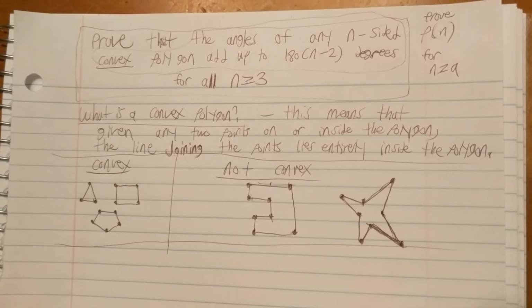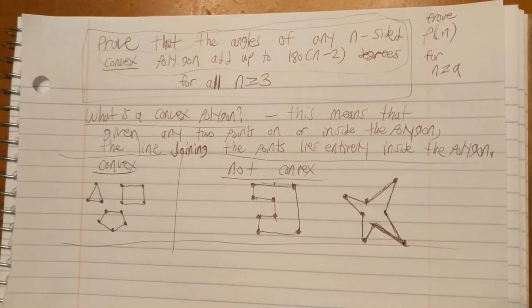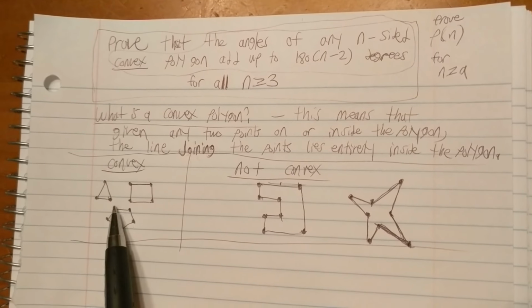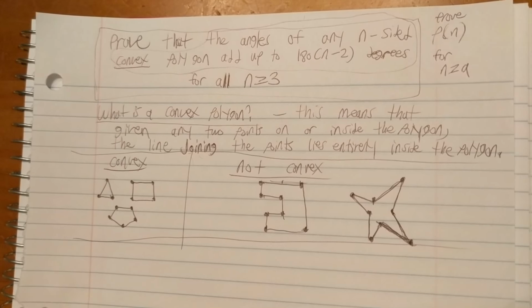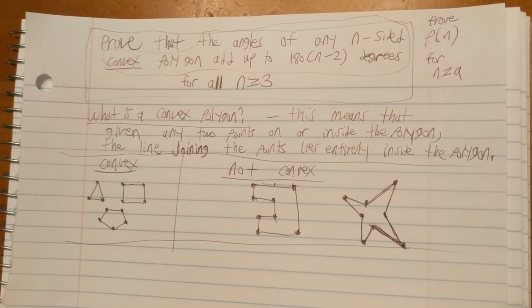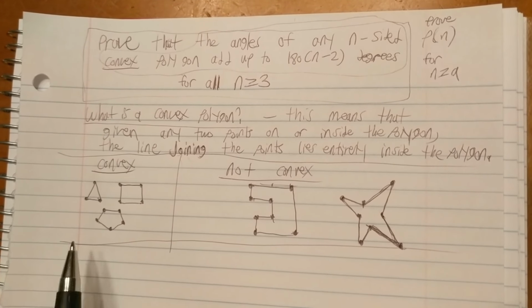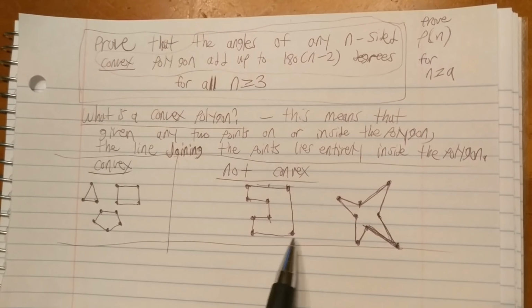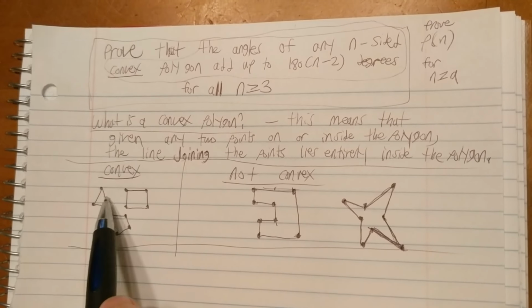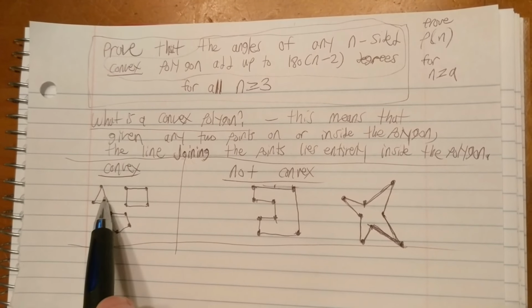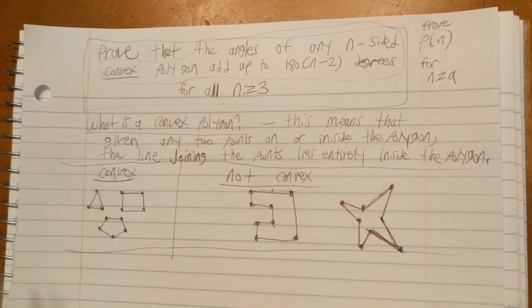Now, a convex polygon means that given any 2 points on the border or inside the polygon, the line joining the 2 points lies entirely inside the polygon. So I have some examples here of what's a convex polygon and what's not. These are all convex polygons because for any 2 points on the border or inside, the line between the 2 points is contained within the polygon.